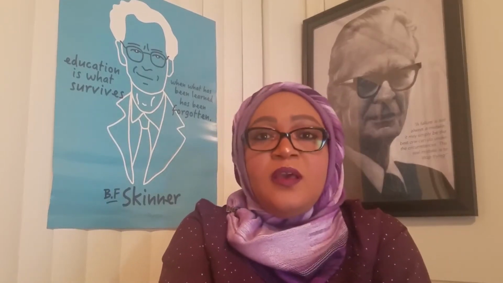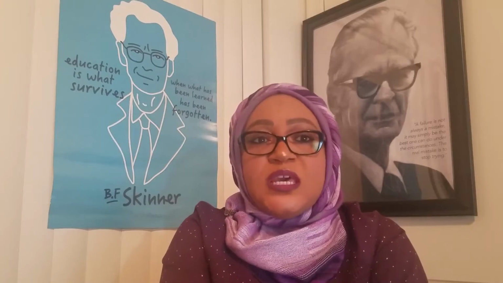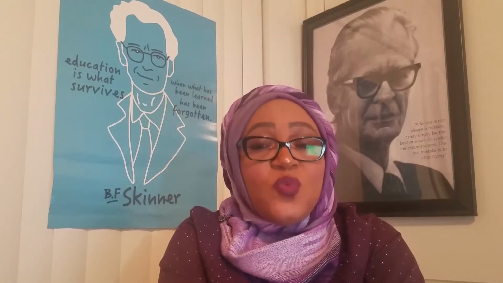Example of an extinction procedure, how it will look. Let's say Susie used to pull Daddy's shirt in the past and get attention from Dad. Now, Daddy does not give Susie attention contingent on her pulling behavior, but he will always give her attention whenever she says Daddy.